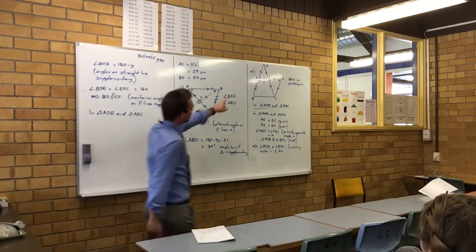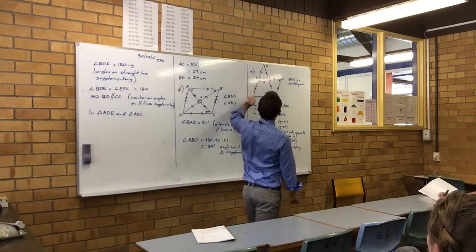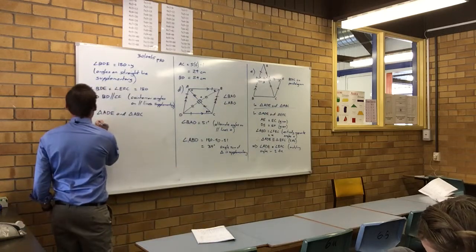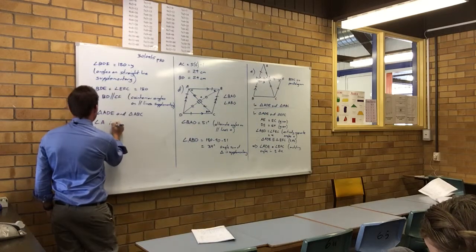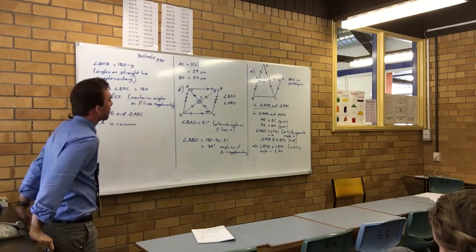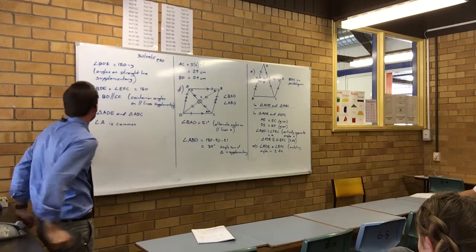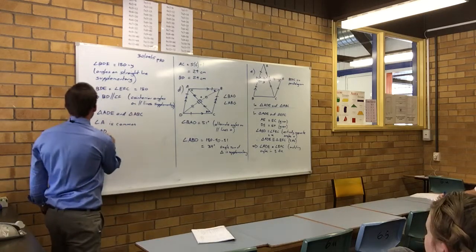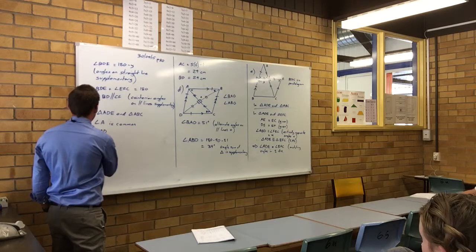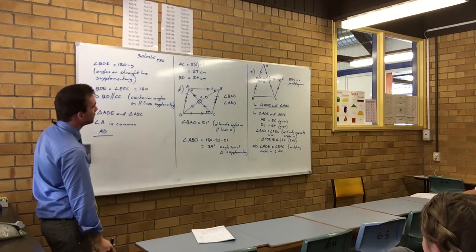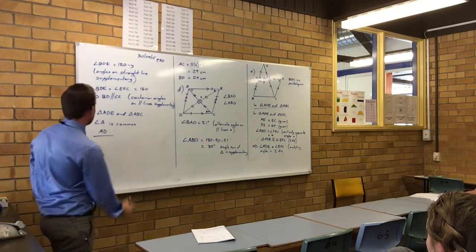Right, so that little triangle at the top and the big triangle formed at the bottom. Okay, so we have an angle at A is common. The ratio of the side in the smaller triangle over the side of the bigger triangle, so AD over AB.